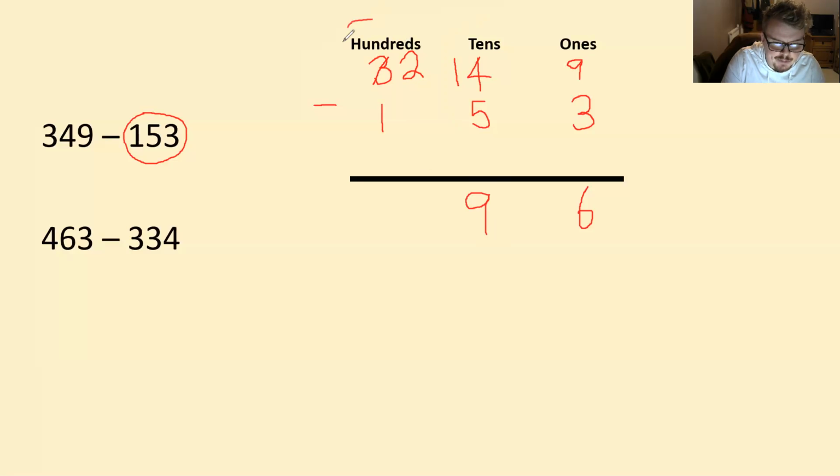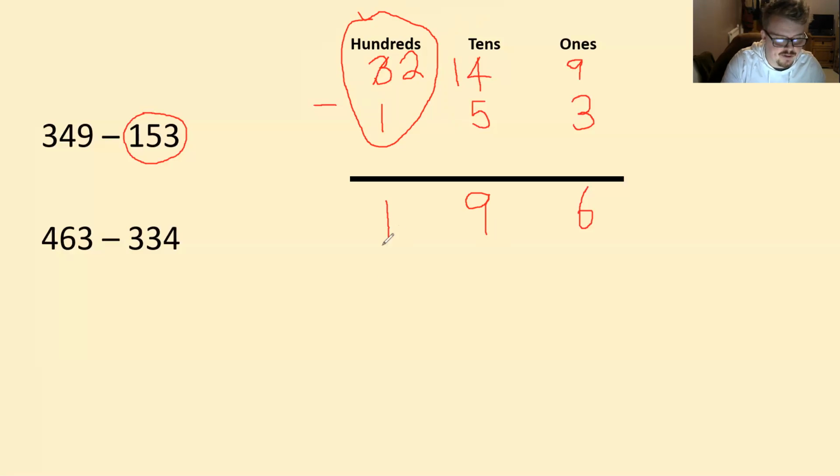Okay, and now finally, I'm going to move on to the first column here, which is the final one to solve. So I have 2 subtract 1. I no longer have 3, do I? I crossed it out and I put 2. So I've got 2 hundreds now. 2 subtract 1. 2 in my head, take away 1, 1. Yeah, so I'm going to put 1 underneath. And that's how I get my answer.